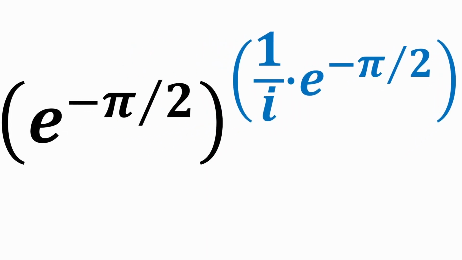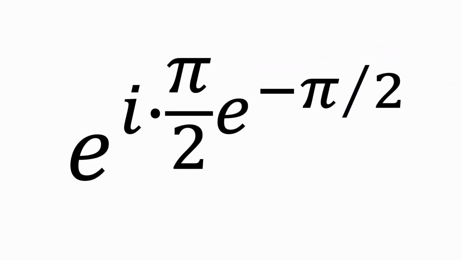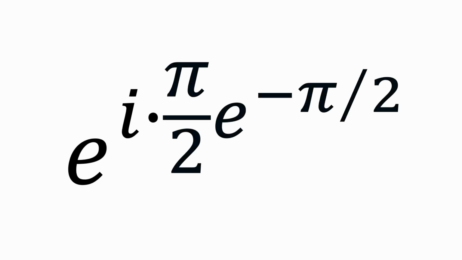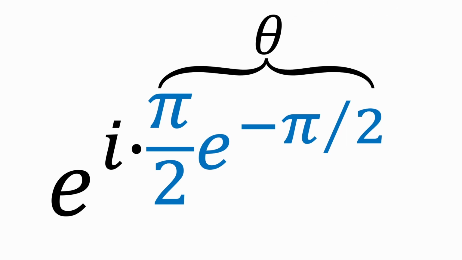What now? I want to get this back into an e to the i theta expression to use Euler's formula again. So let's simplify the exponent in blue by writing 1 over i as -i. And now just rearrange the exponent a little more to get this. This is exactly what we want, an expression in the form of e to the i theta, where we'll set theta equal to the stuff in blue.